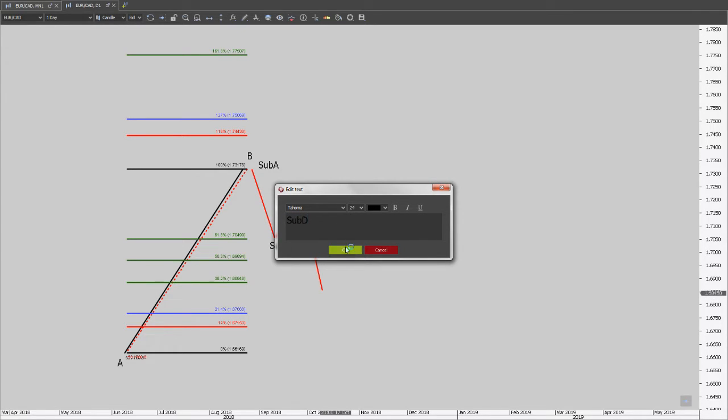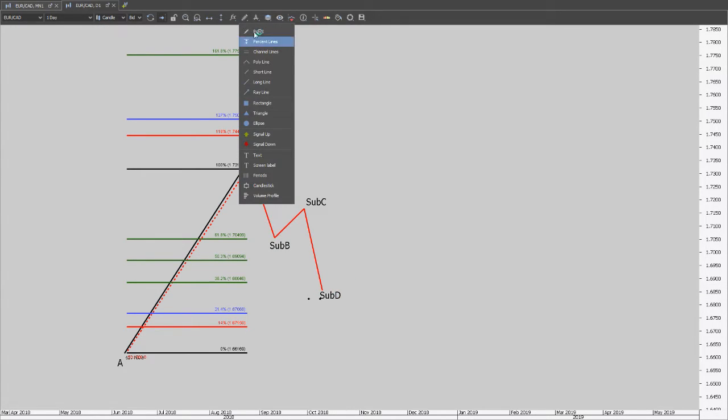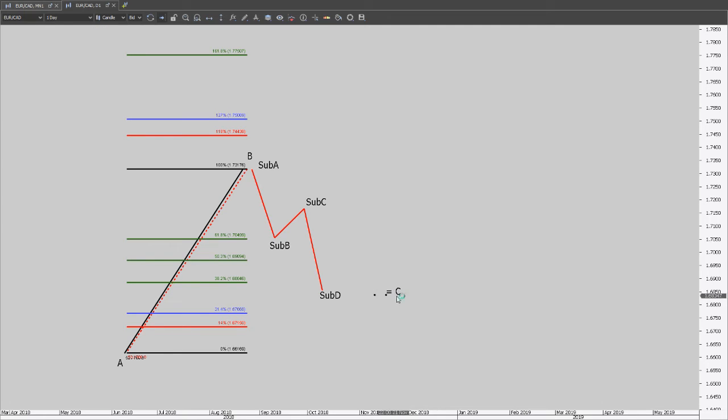Sub D. And most of the time our sub D equals the C of the original Fibonacci. Remember? Why? Because this is the extension of the contrarian Fibonacci, which is the lowest point inside the AB boundary after the B, before the market hits the extension.